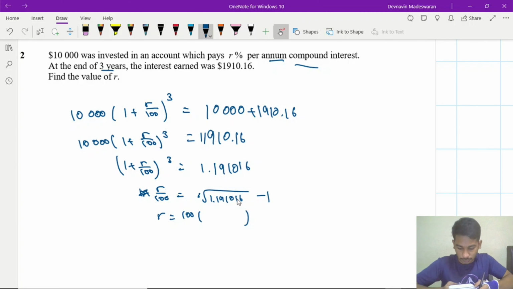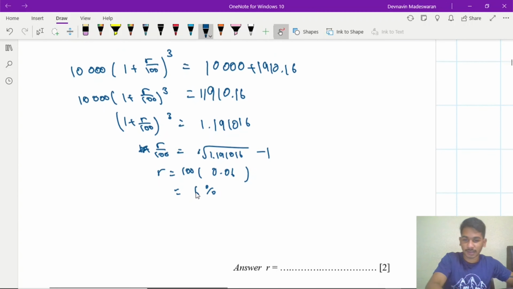So let me do a cube root, and then minus 1. That actually gives me 0.06 exactly. So that's pretty cool. So R is going to be 60%. Wait, no, not 60%, 6%. Yeah, that's more realistic. And then done for this. Okay, keep going.